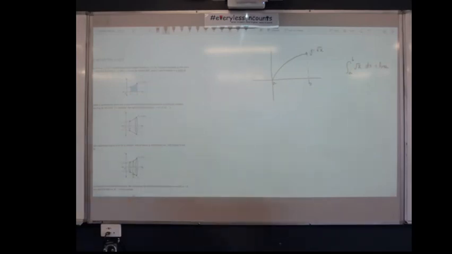So to find the area, what we did was we split this up into smaller and smaller sections. If we think about that area there, that was delta x. We looked at differences in x, and then we multiplied that by the height, and that gave us our area.